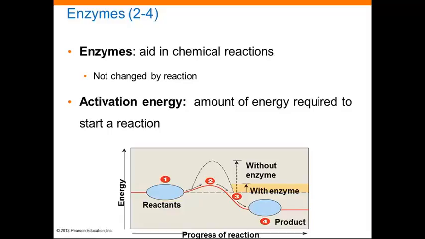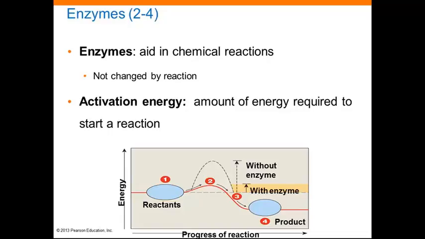And so enzymes are referred to as catalysts. They're biological catalysts because the enzyme itself is not changed by the chemical reaction. So the enzyme can be used over and over and over and will facilitate many, many reactions before they're simply worn out. So enzymes are considered biological catalysts.